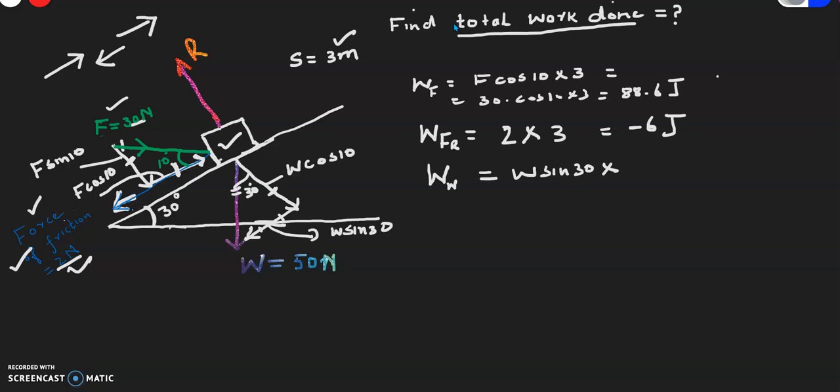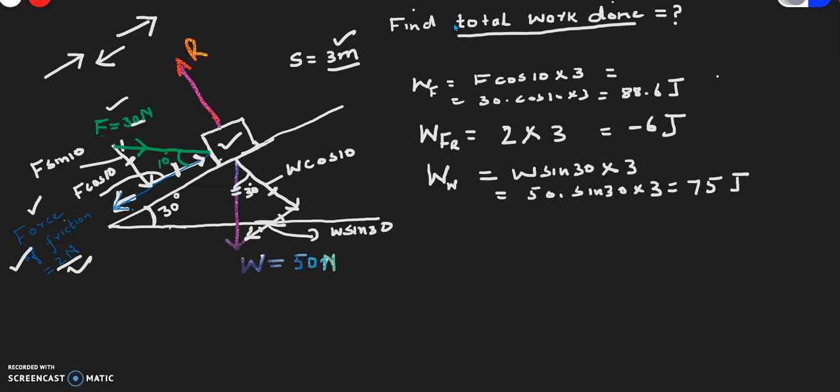The displacement is of course 3 meters, and W is given as 50, so 50 sine of 30 multiplied by 3, and when you calculate it, it will become 75 joules.